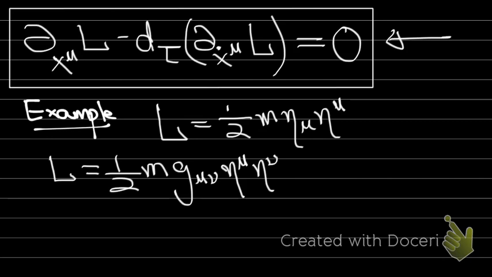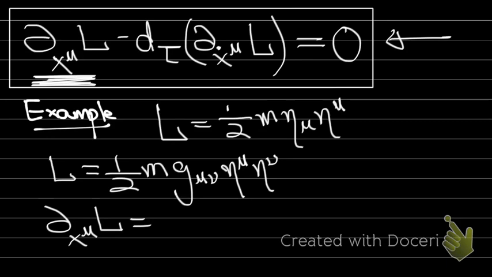Right? Okay, now note that this first term of your Euler-Lagrange equation, that is the partial derivative of L with respect to x mu, is nothing but the partial derivative of your Lagrangian with respect to x mu.